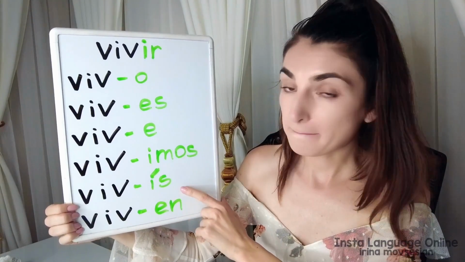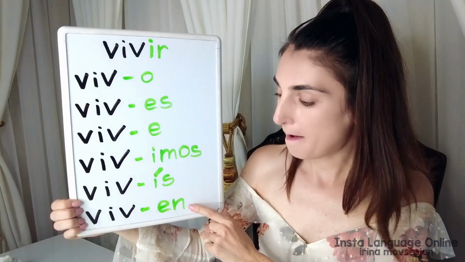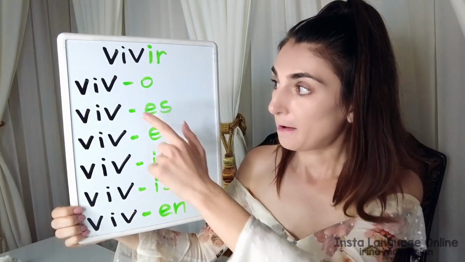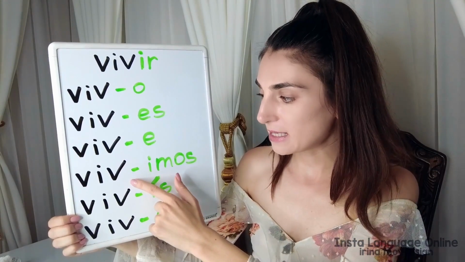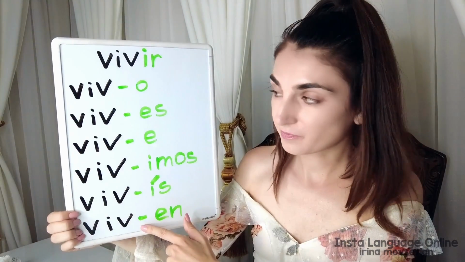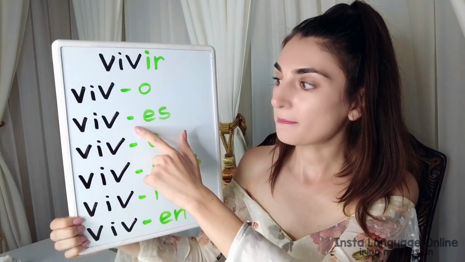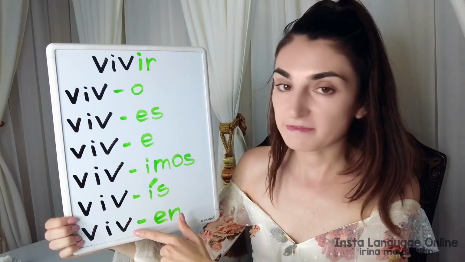El acento. Vivís. Ellos, ellas, ustedes viven. Vivo, vives, vive, vivimos, vivís, viven. Okay? One more time. Vivo, vives, vive, vivimos, vivís, viven.